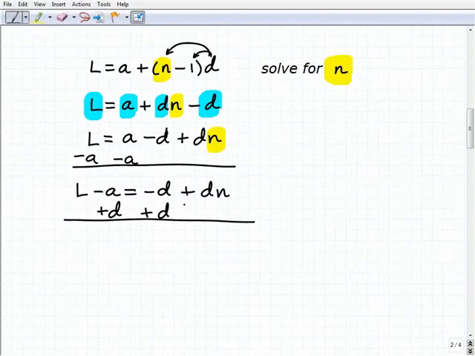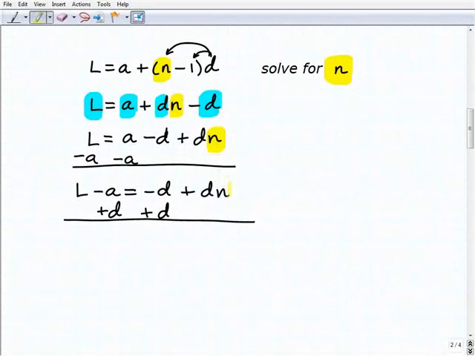Remember, I'm just thinking of the N as the only variable. I'm treating everything else as a number. So this is going to give me L minus A plus D equals D times N. Remember we talked about when you have sums and differences, you want to always group those in parentheses. So let's go ahead and do that now.